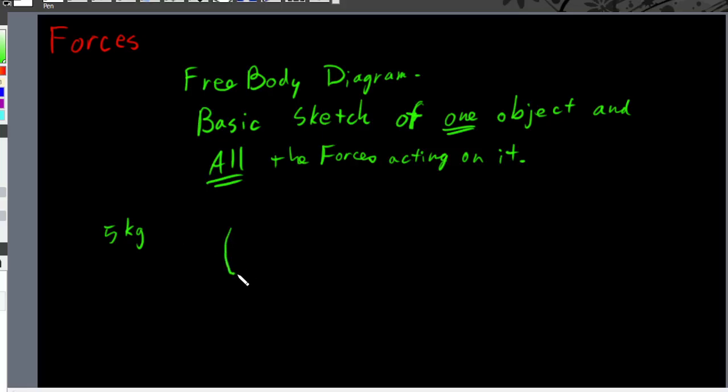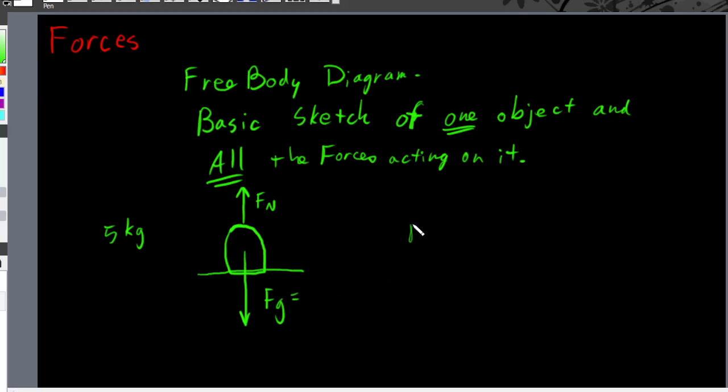And I'm just going to represent that bottle of water with this basic shape here. All right. And let's say that it's sitting on a table. So I'm just going to draw the top of the table. And I'm going to draw the force due to gravity, and that force of gravity will be downward, and the normal force will be upward, which is the force provided by the table's surface that's balancing out gravity.